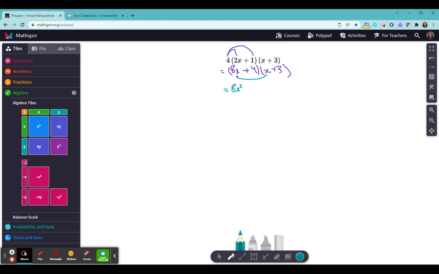And then 8x times 3 is 24x. You can choose to multiply these in a different order. It still will get you the same result.